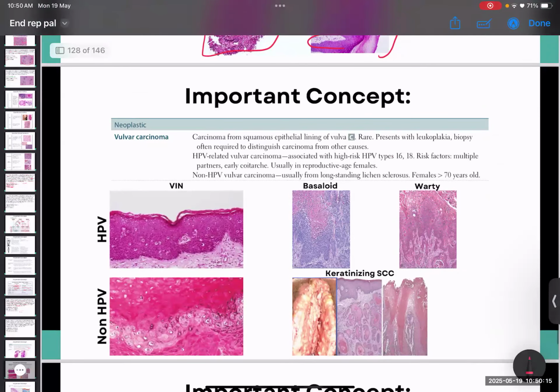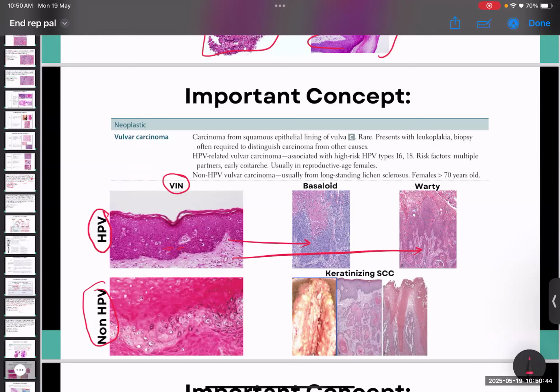Moving on to vulvar carcinomas, you have vulvar intraepithelial neoplasias, which give rise to more malignant forms of the disease. These intraepithelial neoplasias can be associated with HPV, and they don't necessarily have to be associated with HPV. Once associated with HPV, you will see koilocytes, and the ones without that, you don't see koilocytes, obviously. Then malignant transformation takes place to basaloid and or warty lesions.